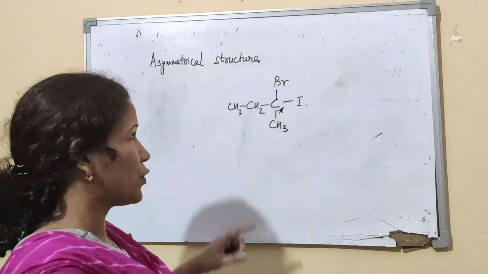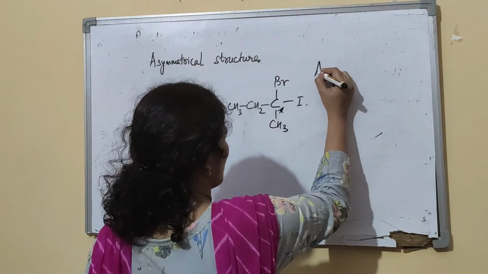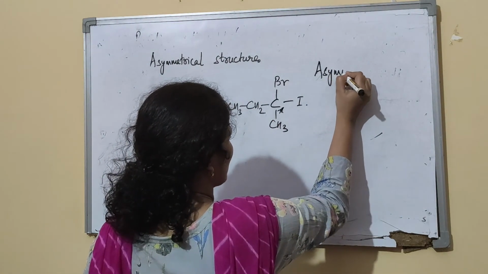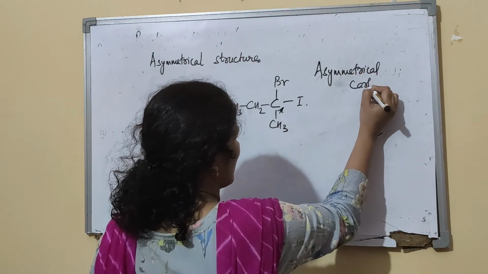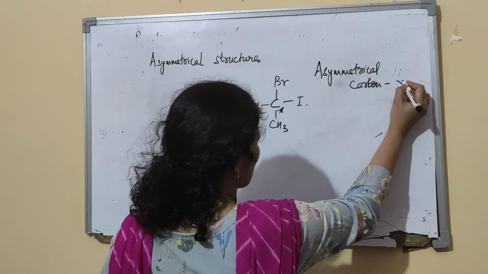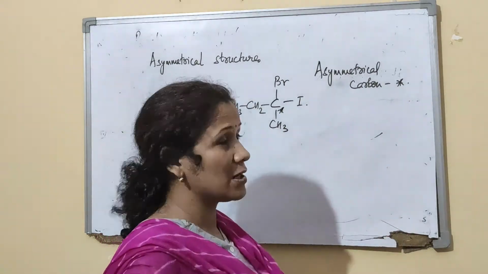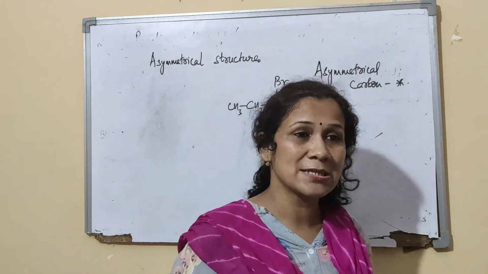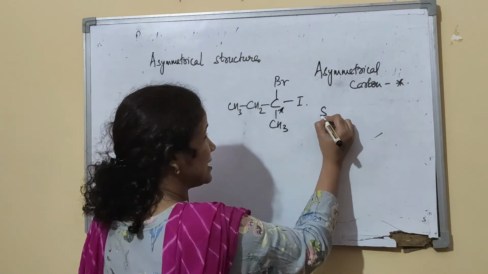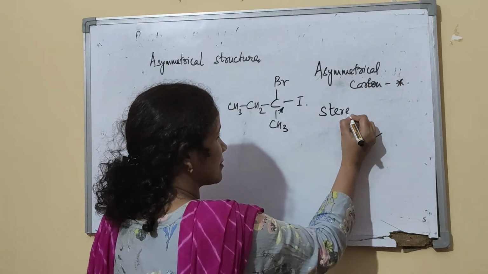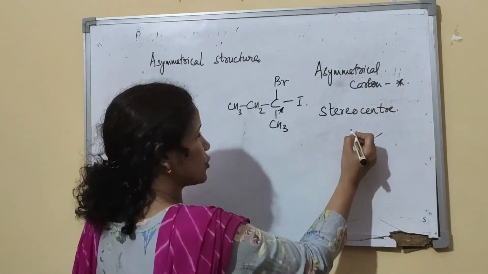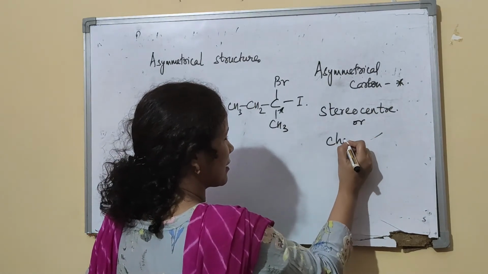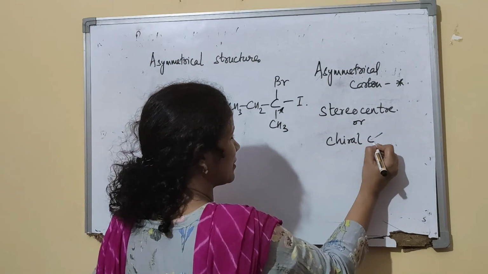Asymmetric carbon. We will always show an asymmetric carbon by an asterisk, a star. Asymmetrical carbon is also known as stereocenter, also known as chiral carbon.